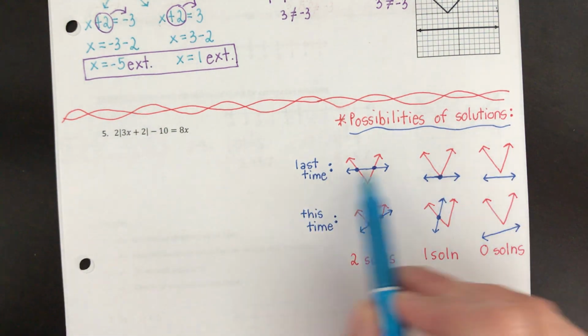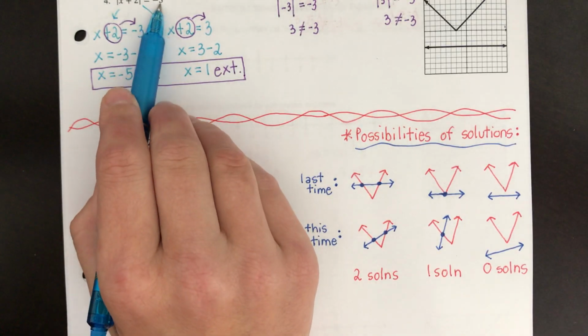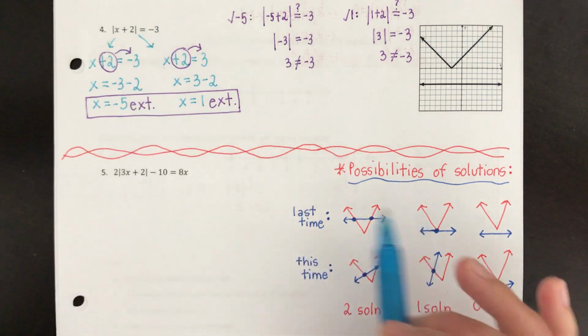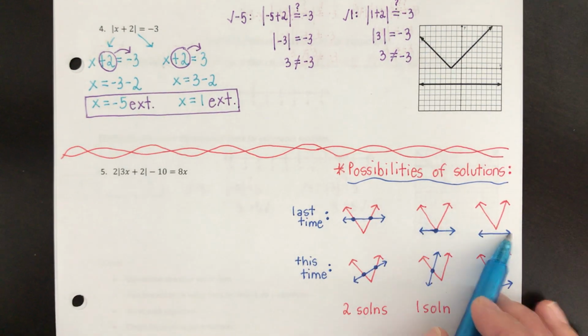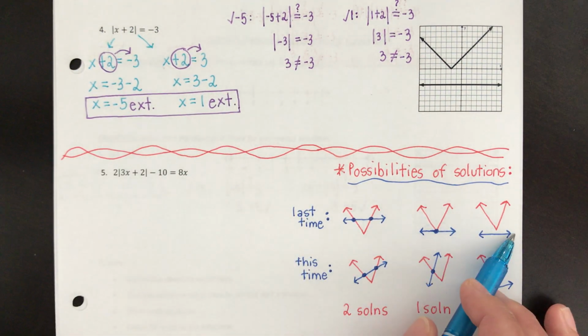Now, an example of last time how that might look, because remember, last time we didn't have a term outside of the bars that had a variable. So that's why we had all these graphs last time that were just an absolute value graph with the horizontal line, because that was a constant term. Okay, so last time this is how our graphs looked.